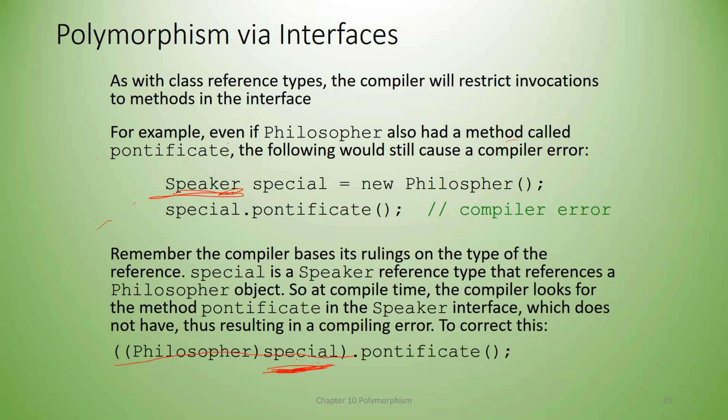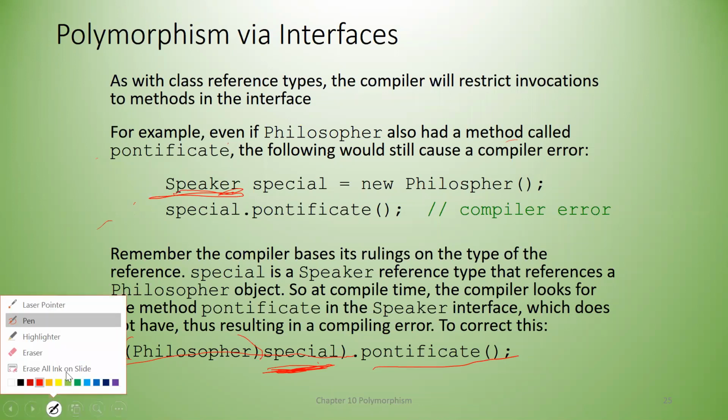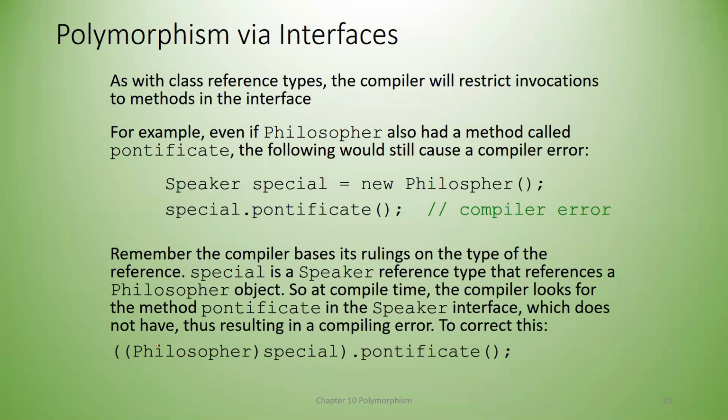However, I'm making it temporarily into a philosopher reference type, and then I call this method. Now it can compile. This is just like what we did the other day with the Christmas tree, right? It's the same concept. Any questions about this, everybody?